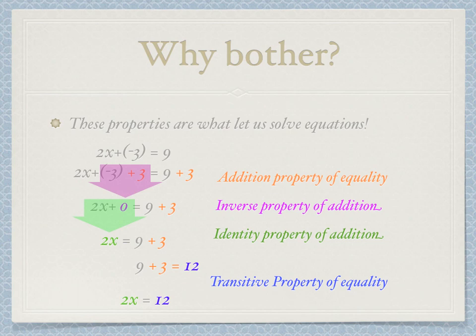If two things are equal to the same third quantity, then they're equal to each other. So 2x must be equal to 12. You would probably do one more step then to divide both sides of this by 2 to get x equals 6. See, all of these properties, we've been using them for a number of years, and we just haven't given them names.